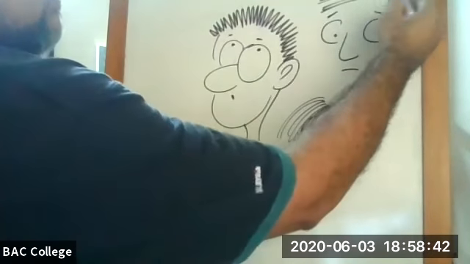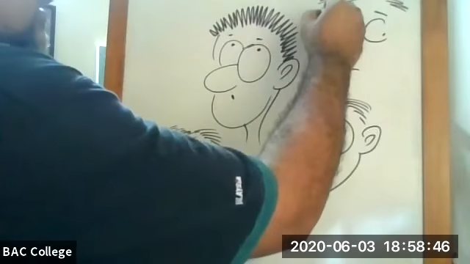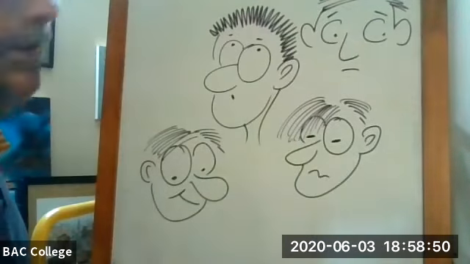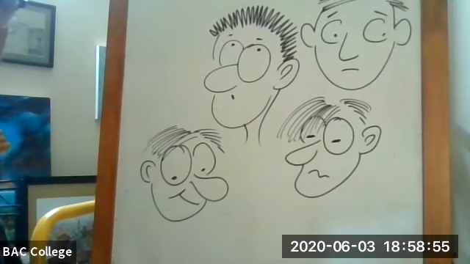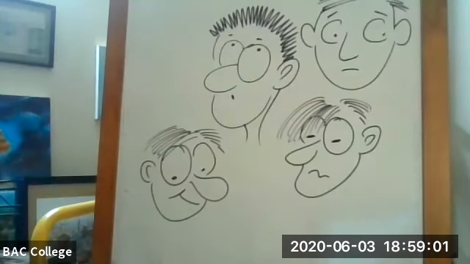Hair, and a bit of hair here. The ears. And the chin. And the jaw. Okay? So yeah. So keep practicing. Bye.